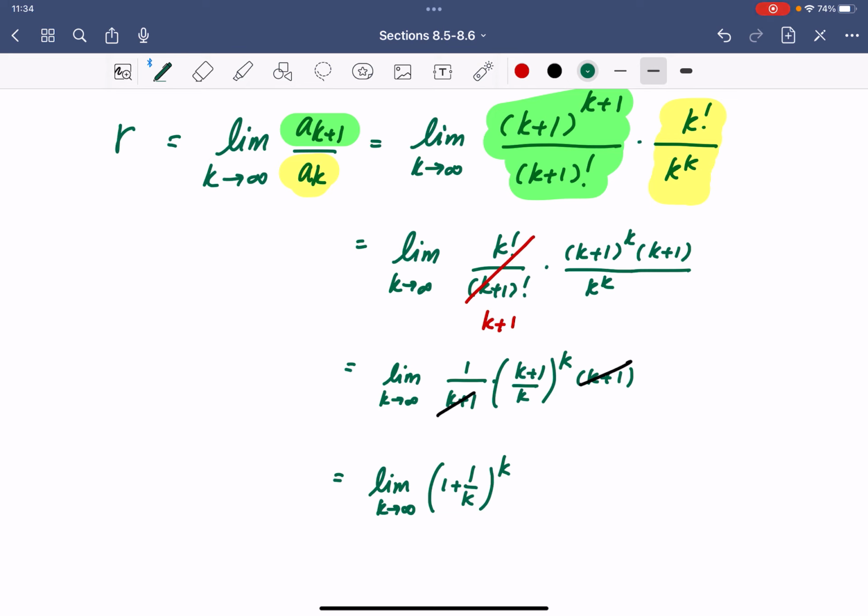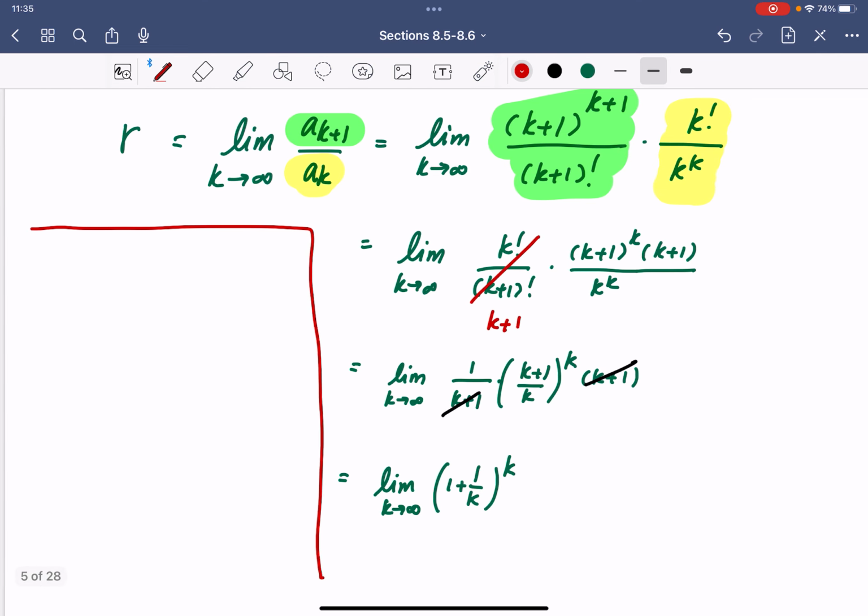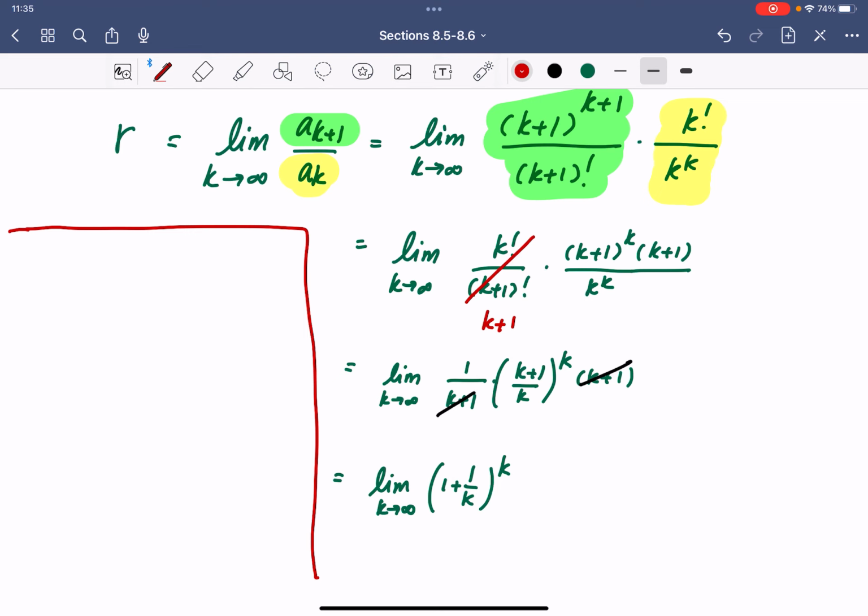Now we're going to just take this limit. What is the limit here? When you try to plug in k equal to infinity, it's going to be 1 plus 0 to the infinity. So it's an indeterminate form. So you have to take log and then compute the limit, applying the L'Hopital rule. Let's try to compute it on the left hand side here. We're going to just do the log of the limit of 1 plus 1 over k to the k.